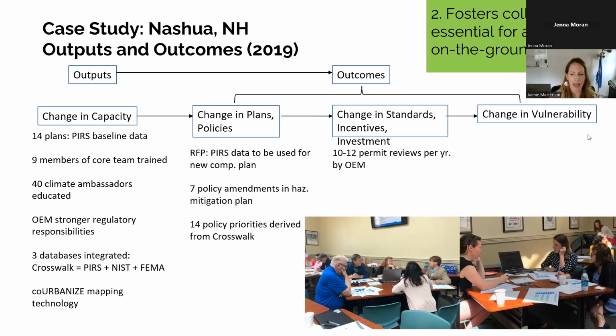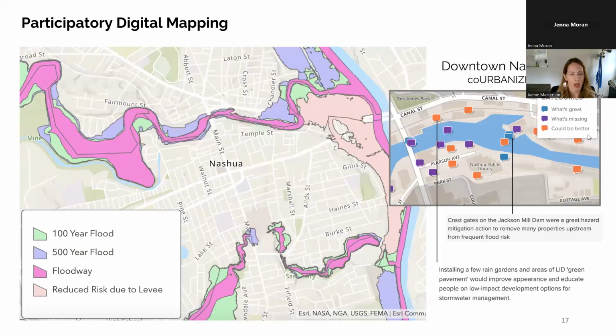I can talk more about how that initiative came about, and they also worked on a wonderful, I'm going to switch the page here. They used this online digital tool called Co-Urbanize.